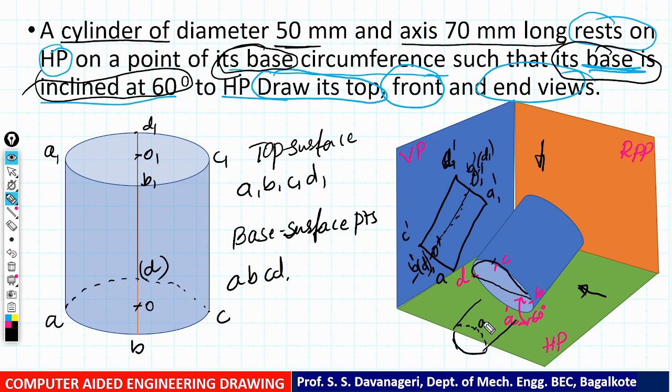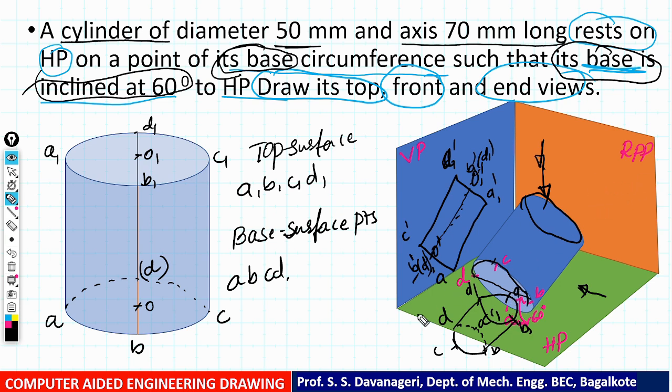Here you are going to get A, B, C, and D. Similarly, the entire top surface is visible here. Now let us mark here C1, D1, B1 and A1.